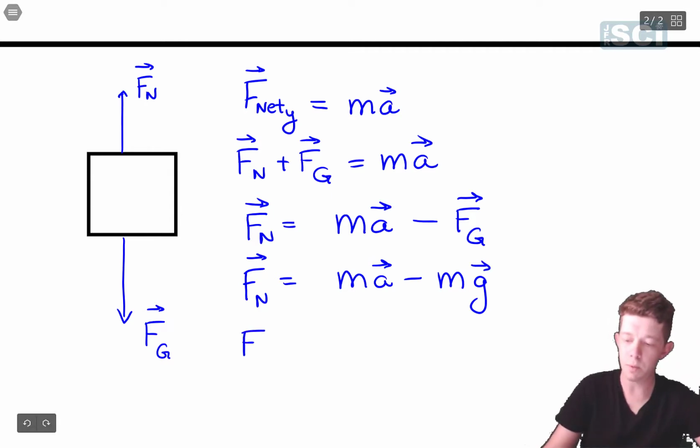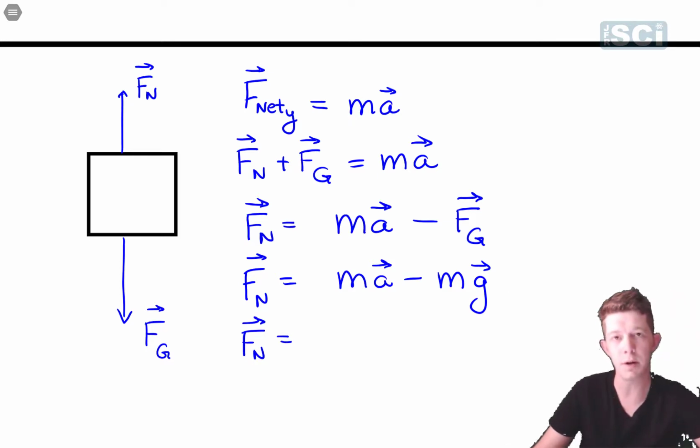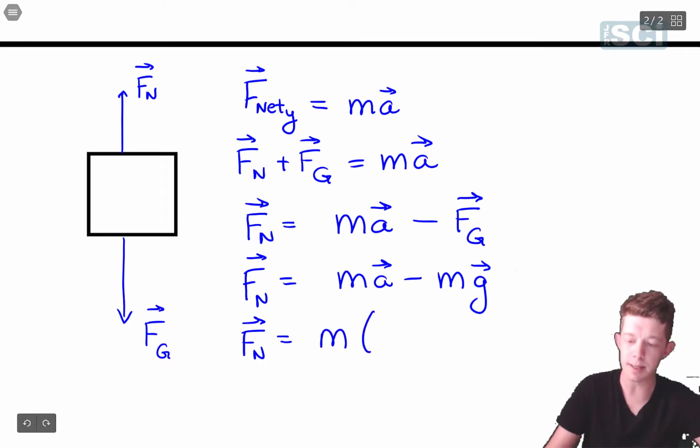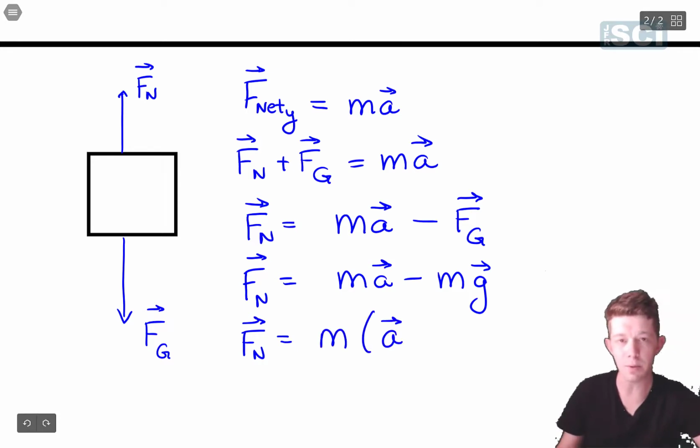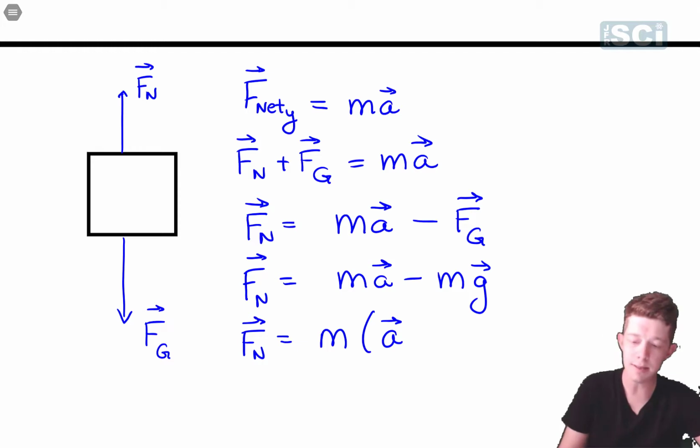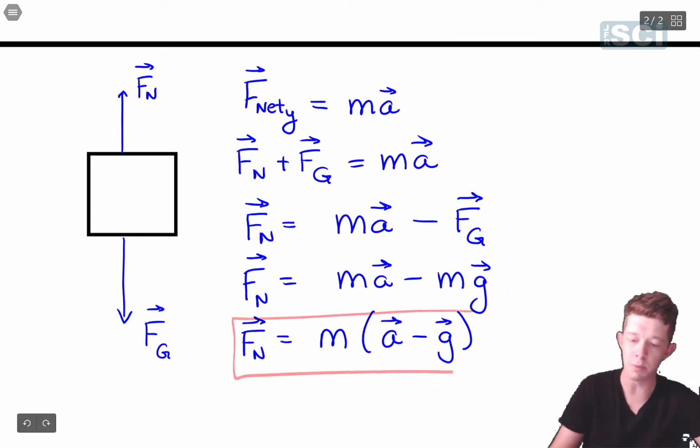So if we work this through a bit more, we notice that both terms on the right side of our equation have a mass component, so we can factor it out and say that it's going to be the mass multiplied by the difference between that acceleration vector and the gravitational field intensity vector. Okay, so we'll use this equation right here as our representation of the normal force.